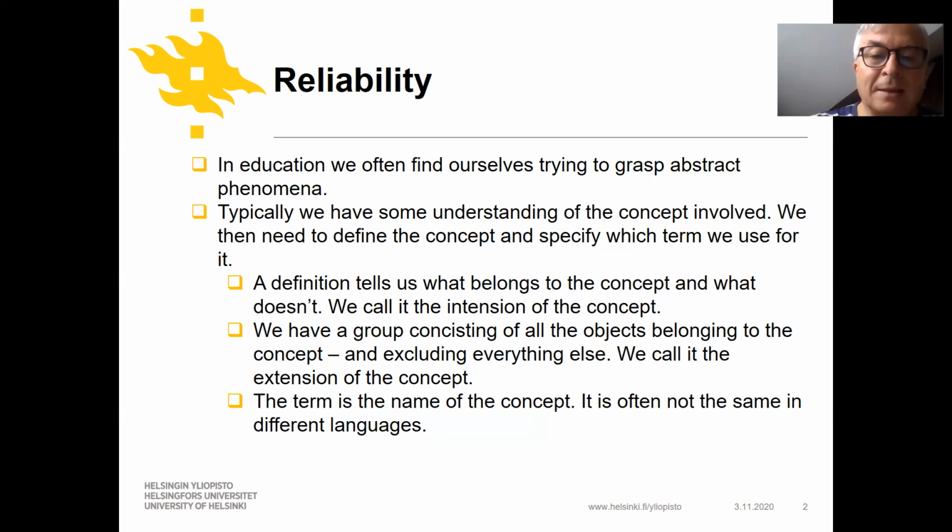Often we come to a better understanding when we try to define and realize that in different languages we have slightly different variations of this, or maybe we don't have an exact word for it and we borrow a word from some other language and so on. So this kind of work is important, and that's the foundation of getting to grips with any concept, any abstract phenomena.